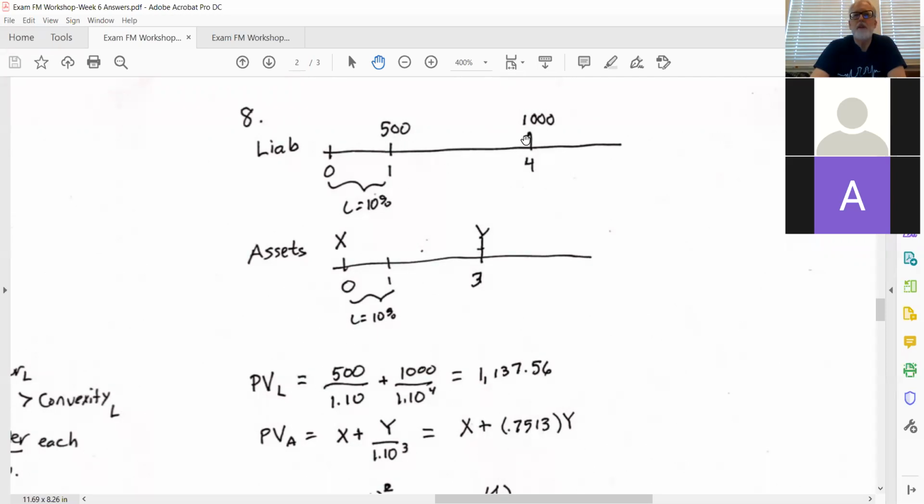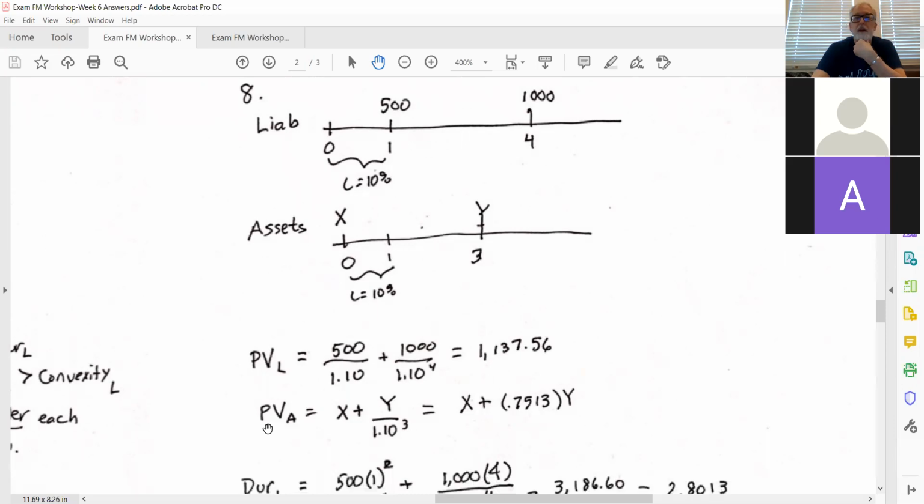Well, the present value of the liabilities, since the interest rate is 10%, it's easy to calculate that. The present value of the assets: the X, because it's at time 0, and then Y brought back with interest.